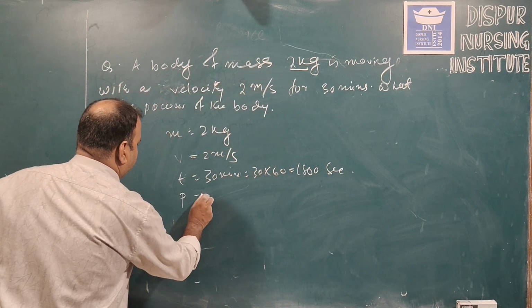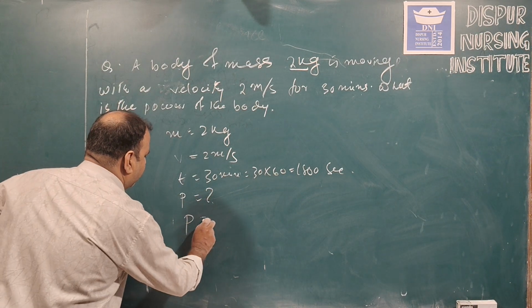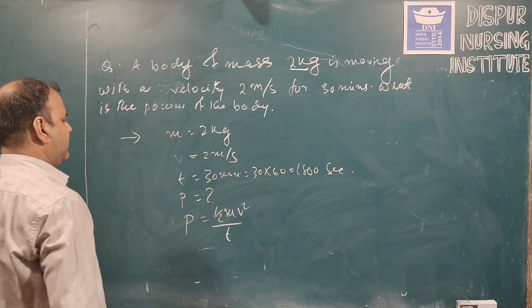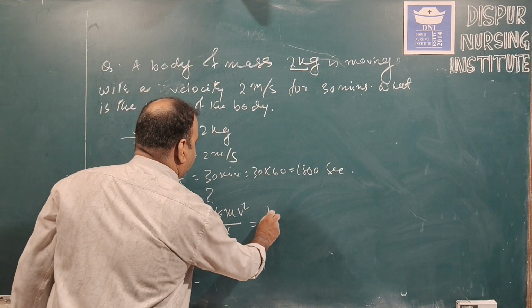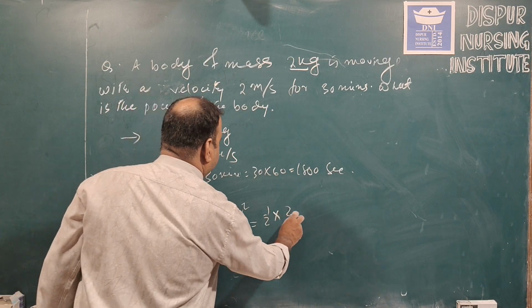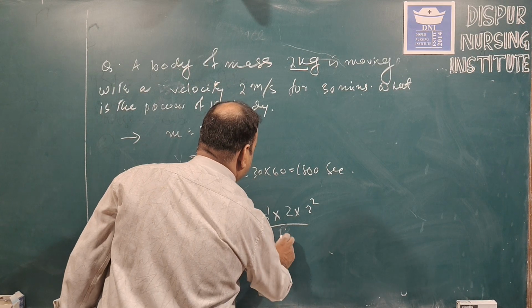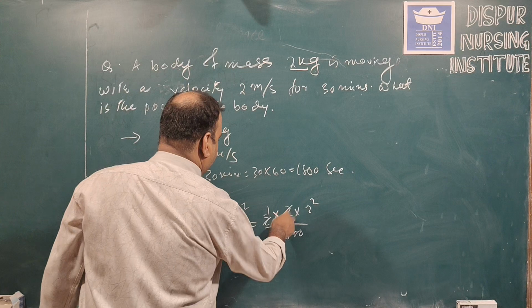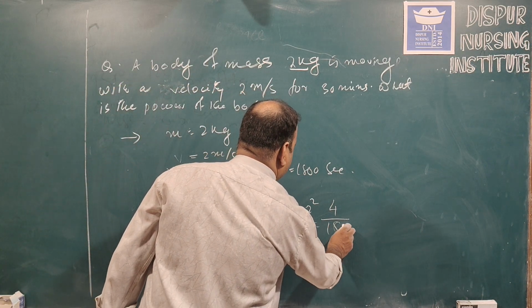Now we have to calculate power. Already you know this formula, power is equal to half mv square divided by t. So half, mass is given 2, velocity given 2 square, divided by 1800. Here 2 cancels, it will be 4 divided by 1800.